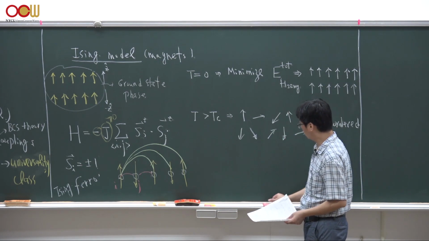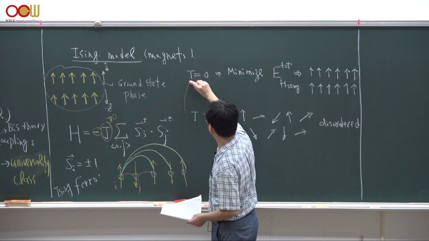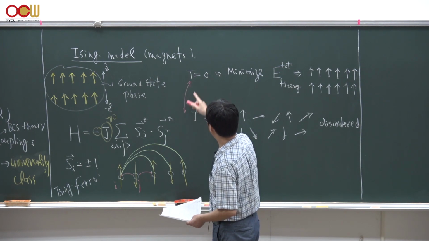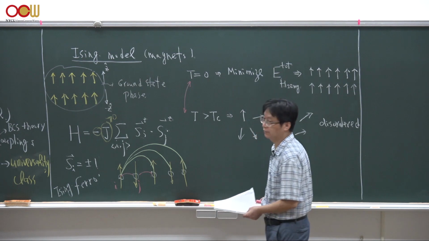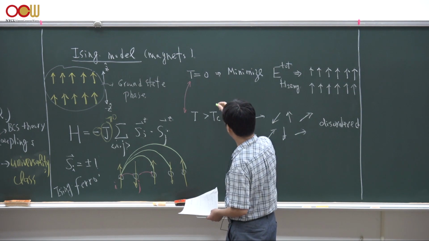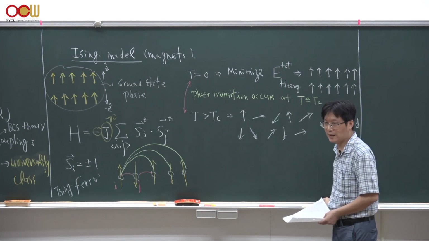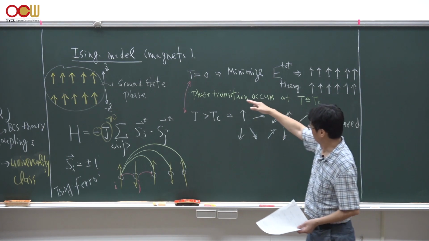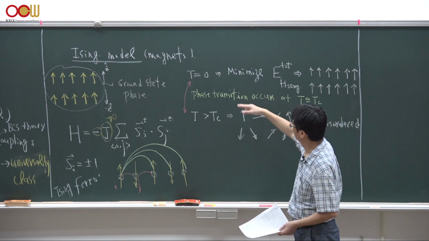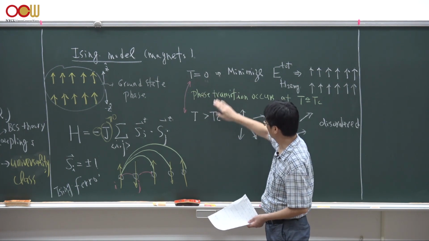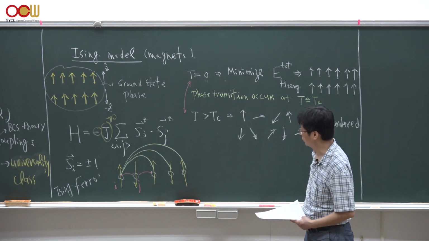As we mentioned last time, or even earlier, somewhere between zero temperature and finite temperature Tc, there should be a phase transition at T equals Tc. So we expect that this phase transition would occur somewhere between the low temperature and high temperature regimes.